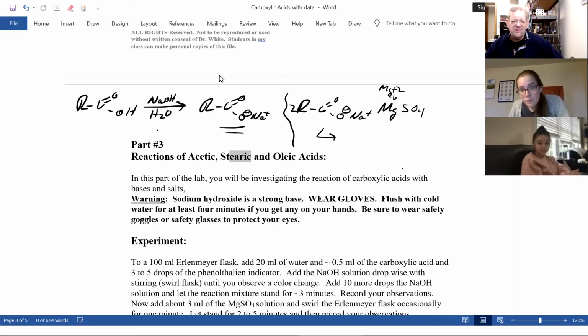And all molecules have a net zero charge, and you form the magnesium salt. And you also make sodium sulfate, which is water soluble.